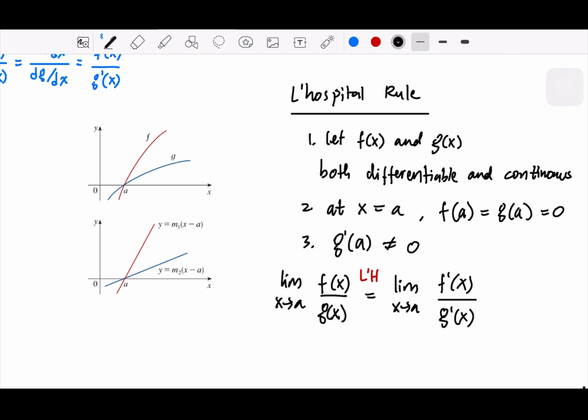And we can do as many times as we want. If f prime and g prime are still 0 over 0, we can still do another L'Hopital, as long as the conditions are satisfied, and find the solutions.